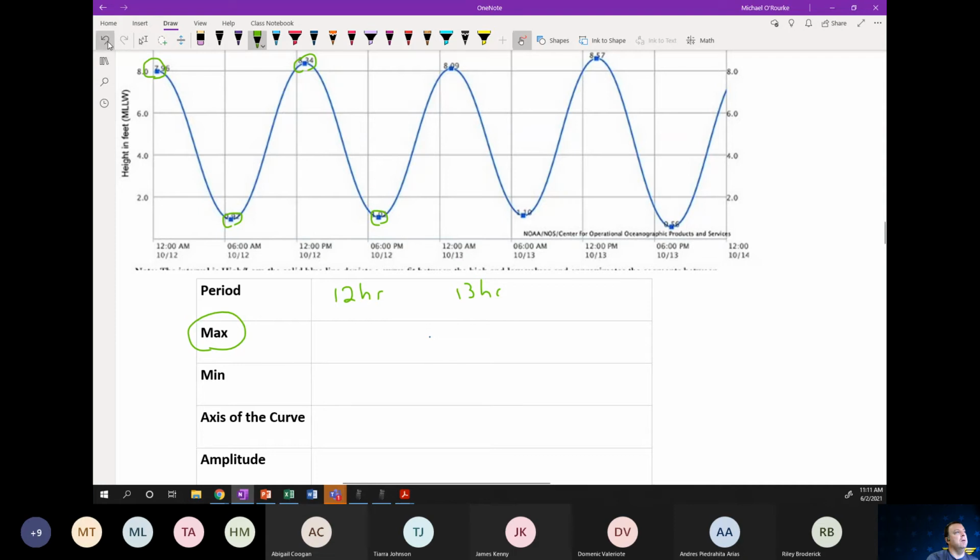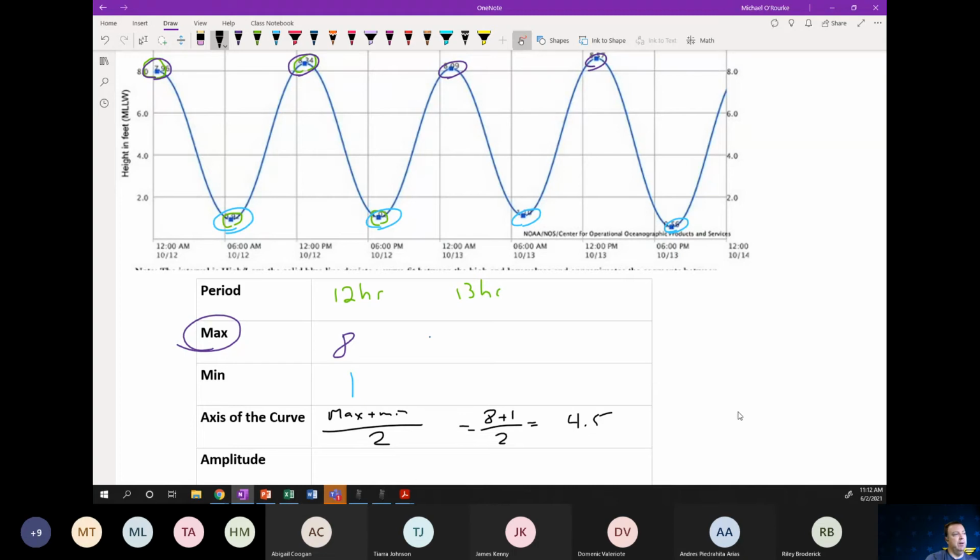So my max value here, as I said before, I'm going to round these all just straight to 8. Okay? If you're a little bit off 8, that's perfectly fine. My min value is right here. I'm going to round those to 1. And then I can do my formulas. Max plus min divided by 2 equals 8 plus 1 divided by 2. 4.5 is the midline of the curve.